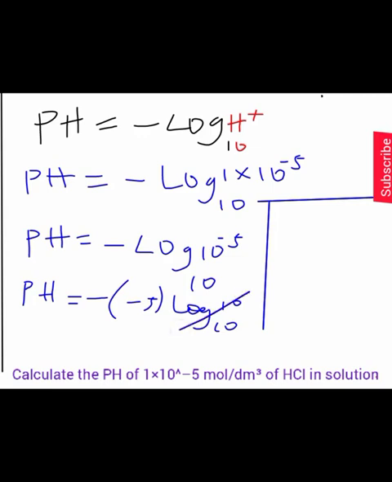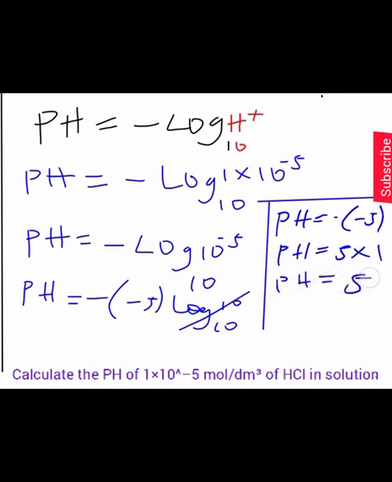So we have that pH equals negative bracket negative 5 times 1. Negative times negative here is positive. So pH equals 5 times 1. So our pH here will be equal to 5.